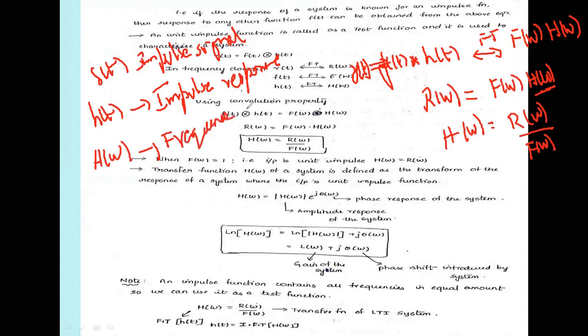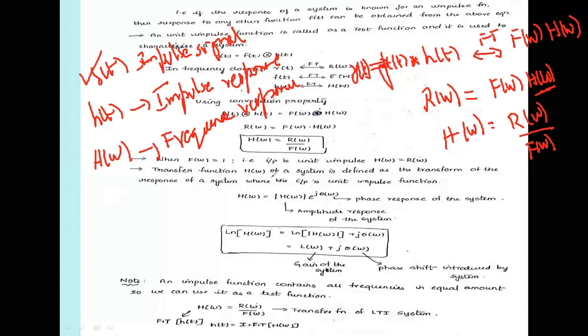When f of omega is equal to 1, that is, the input is a unit impulse, delta of t, h of omega is equal to r of omega. The delta function transform is always 1. Even if it is shifted, you get only the 1 back.